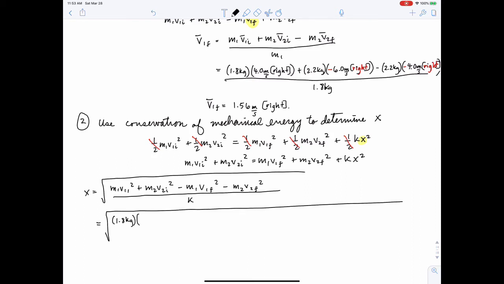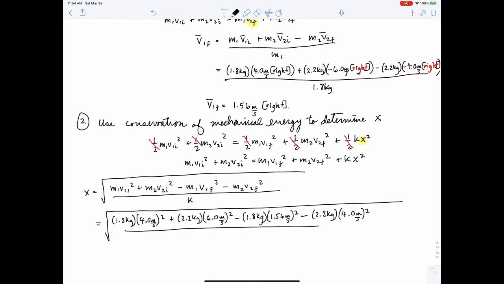1.8 kilograms times 4 meters per second. Now, because we're dealing with kinetic energies, we don't have to include direction, squared plus 2.2 kilograms, initial velocity of 6 meters per second, square it, minus 1.8 kilograms, a velocity of, we just found, it was 1.56 meters per second, minus, in the question, 2.2 kilograms times a final velocity of 4 meters per second squared.